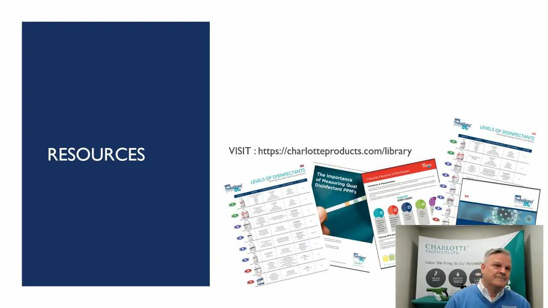So if you want a brochure on breaking the chain of infection, or if you want to know how to measure the parts per million of a disinfectant, or how to choose the right level of disinfectant, or the right disinfectant for your facility, or revisit the 5 critical elements of disinfection, it doesn't matter. All of this information is here for you.